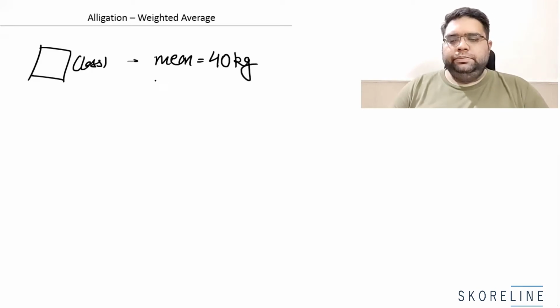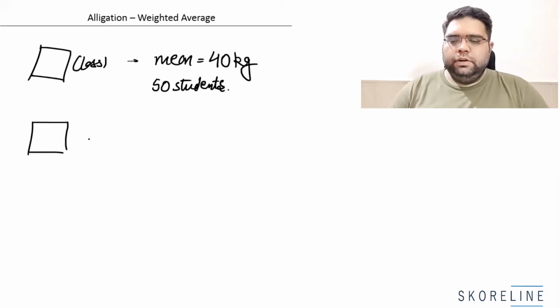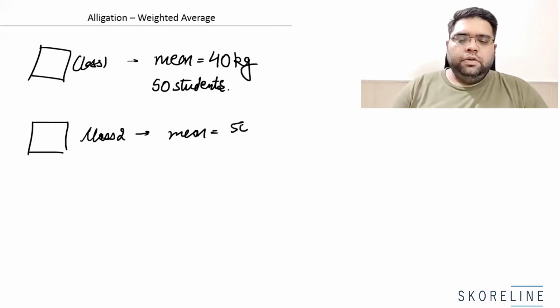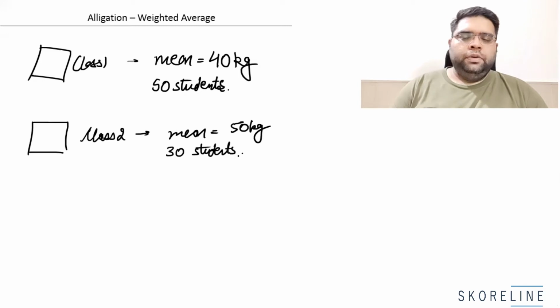And let's say there are 50 students in that class, right? Now let's say there is one more class, class 2, and let's say the mean of that class is 50 kg, and there are 30 students in that class, right? So there are two classes. One class has a mean of 40 kg, the second class has a mean of 50 kg, and the number of students are 50 students in class 1 and 30 students in class 2.